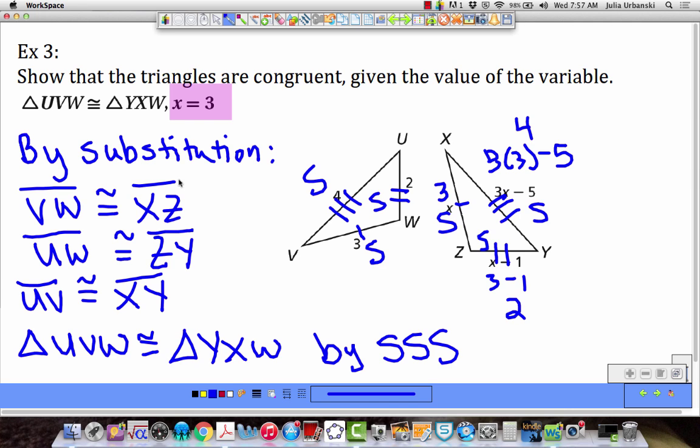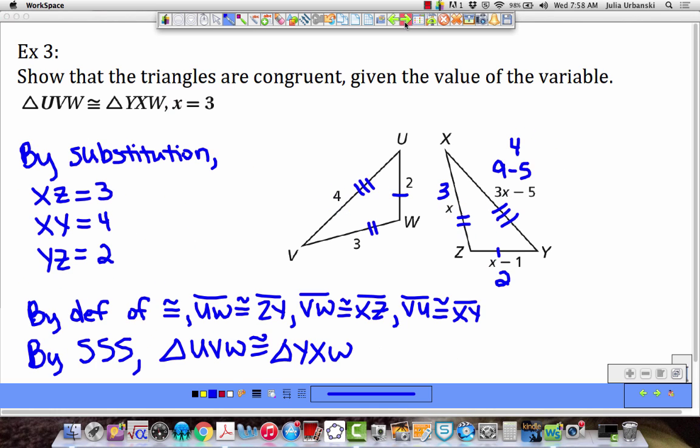The V here would go with which letter over here? It should go with the Z. So change that W to Z. Right? There's a typo. Try to fix that for the next note. The W is in this triangle, not in this triangle. In this triangle, it should be YXZ, not YXW.